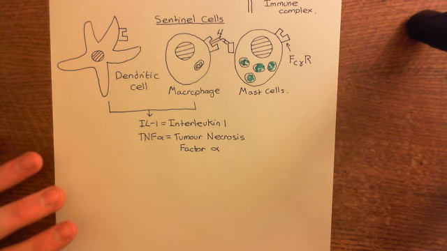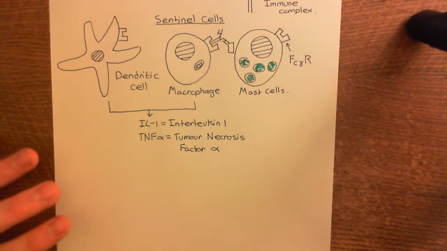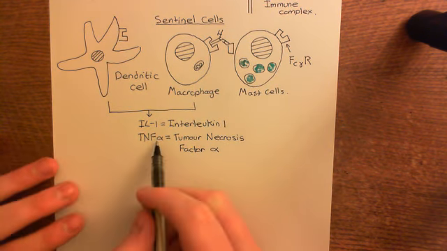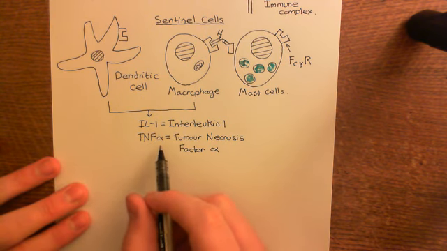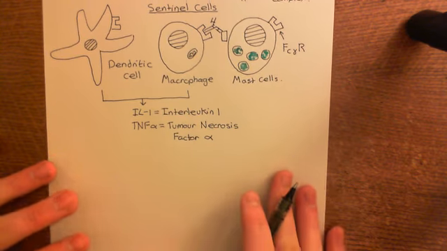Okay, so if you see tumor necrosis factor without a clarification at the end, if you see it with nothing on the end, then you can assume that people are talking about tumor necrosis factor alpha, okay, because it's the main one.